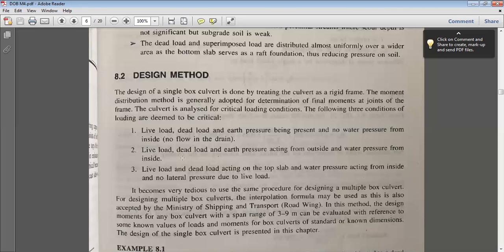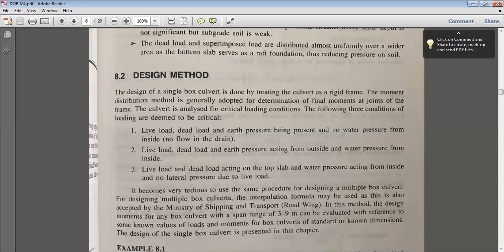If both water pressure from inside and earth pressure from outside exist on the side walls, some of the forces are nullified, because water will be hitting from inside and soil will be hitting from outside. So the effect reduces there.